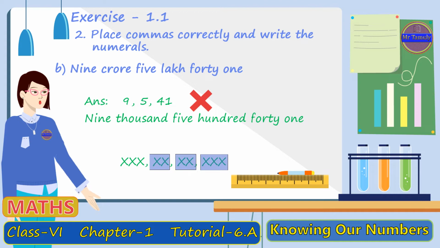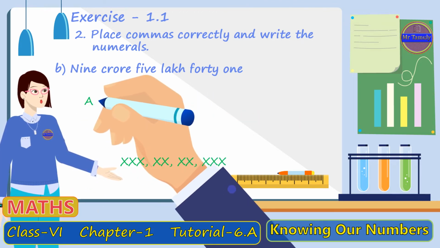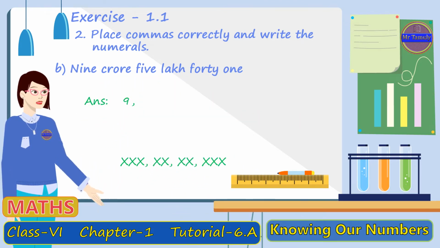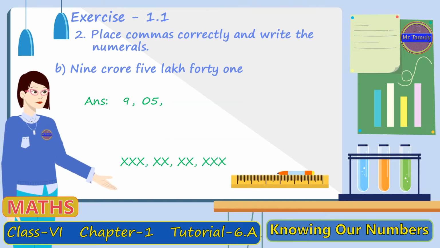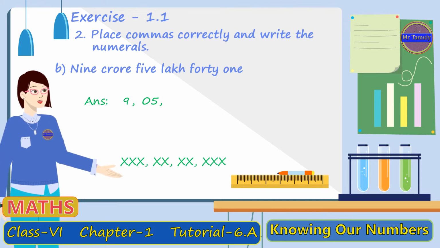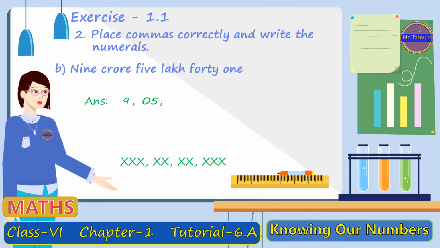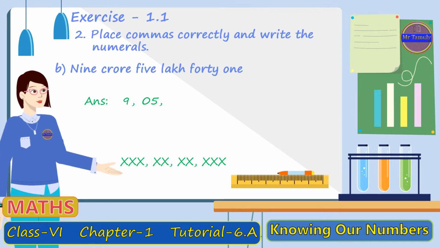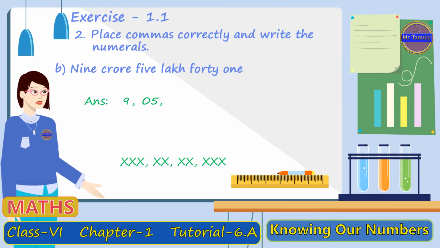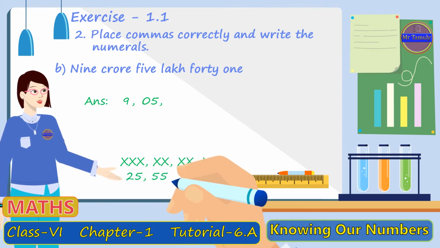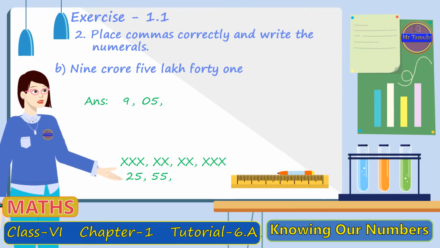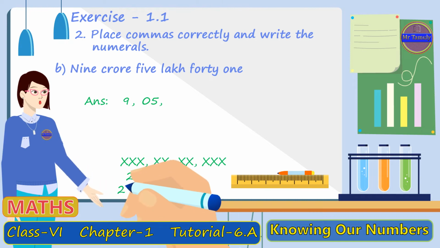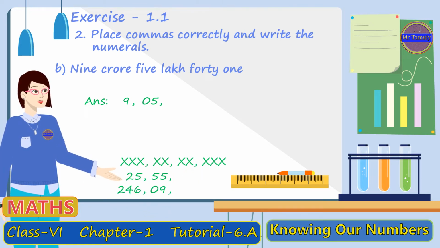For 9 crore, we can simply write 9. Next, for 5 lakh we should write 05. As per the format, after crore we must reserve 2 places for lakh. For instance, if the number contains 25 crore 55 lakh, you shall write 25, 55, and if the number contains, say 246 crore, 9 lakh, you should write 246, 09.